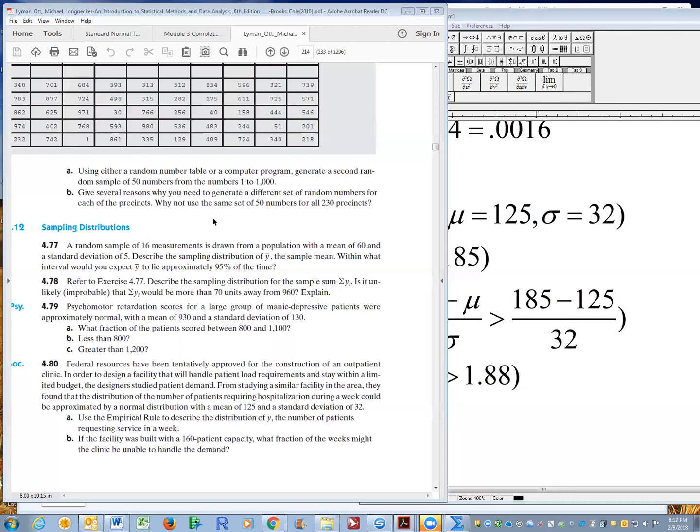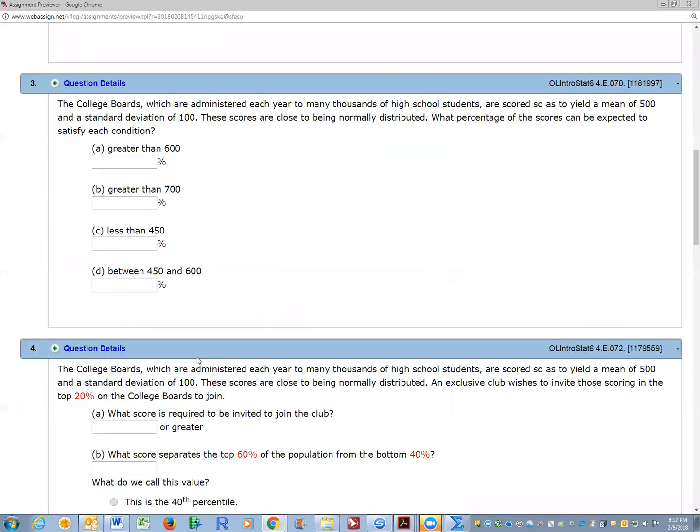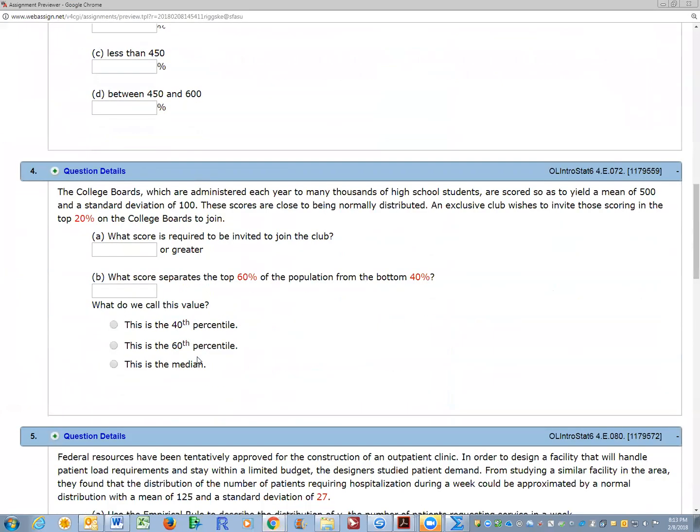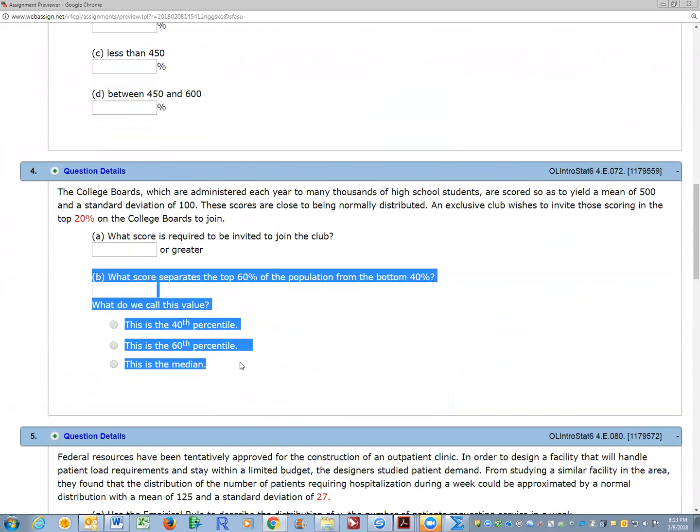What exercise number is that? This one here?